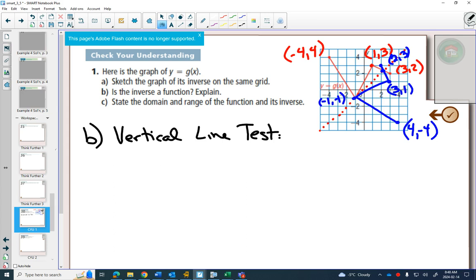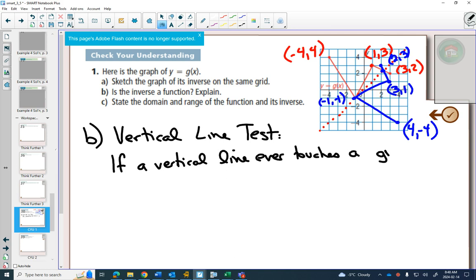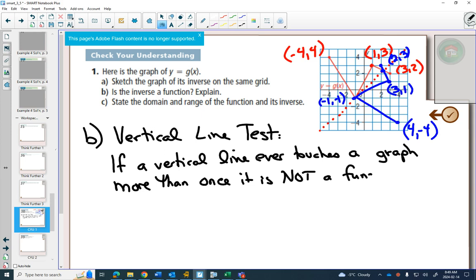And a little reminder from grade 10. You can tell something's a function by using the vertical line test. There's the vertical line.